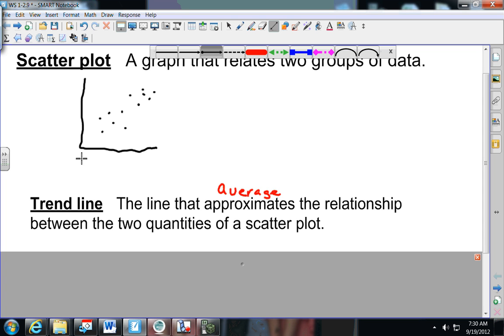It doesn't mean that it would be those exact numbers that we added up. It's the average of them. So your trend line is going to be a line that kind of goes through the middle of all those points. It's going to be the best guess of approximately what all those points will equal.